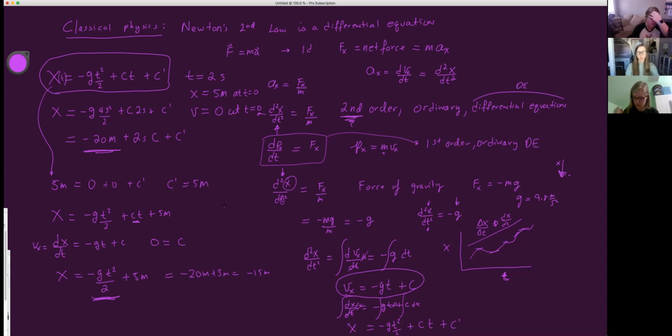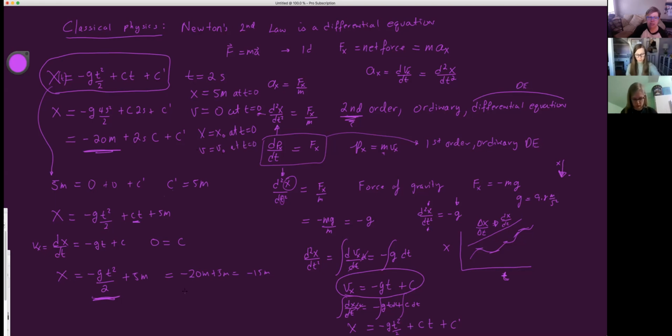Now, you might remember from 115 that this equation didn't have c's in it like this all the time, right? That's because we were very general in 115, and we said let the initial conditions be this. We said let the initial x be x0 at t equals 0, and let v be v0 at t equals 0.